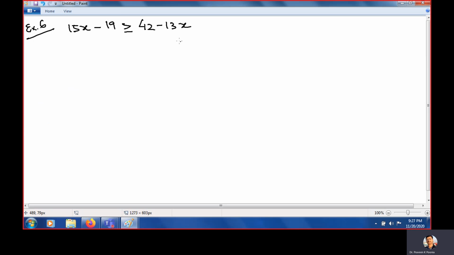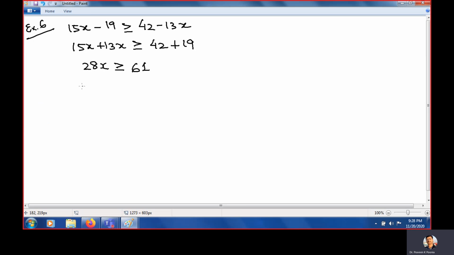So if we see, bring the x terms together, 15x plus 13x greater than or equal to 42. This minus 19 will change into plus. So 15 plus 13, it is 28x is greater than or equal to, how much? 9 and 2, 11, 4, 5 and 6. It is 61.